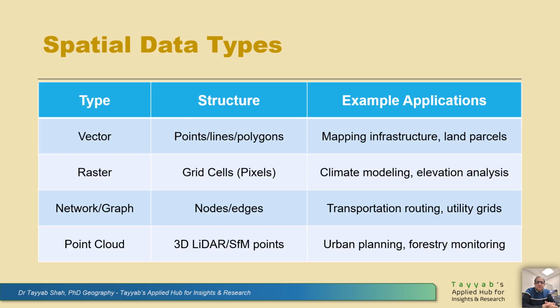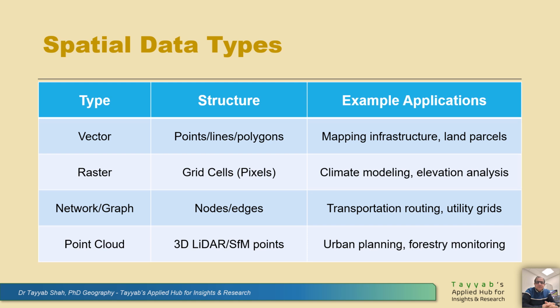There are different types of geospatial data sets we normally deal with. The most popular is vector data, which we describe with points, lines, and polygons; we will discuss examples in the coming slides.